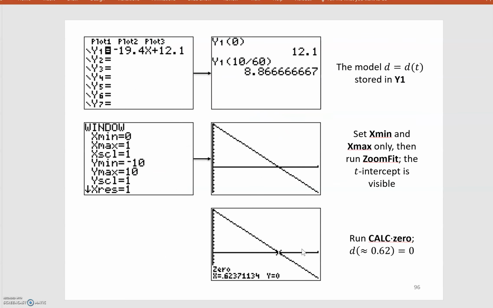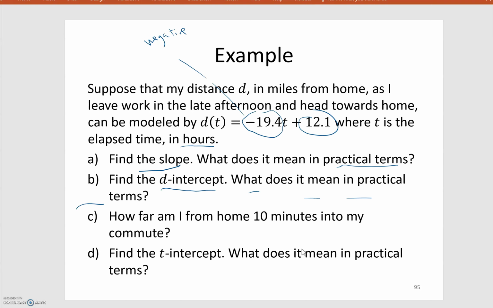Okay, so here's a calculator solution for this. Where we've entered the function, then we've calculated our value at time 0. Oh, and then actually, sorry, we're actually answering part C here, so I kind of jumped ahead of myself. So how far are you from home 10 minutes into your commute?